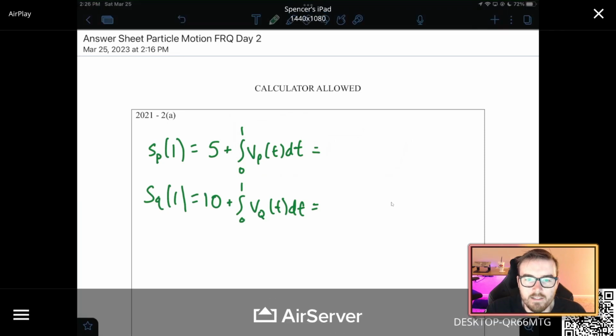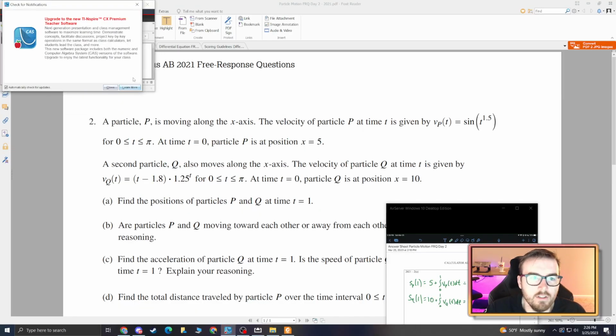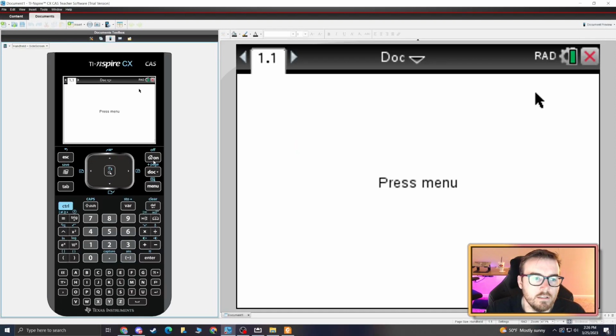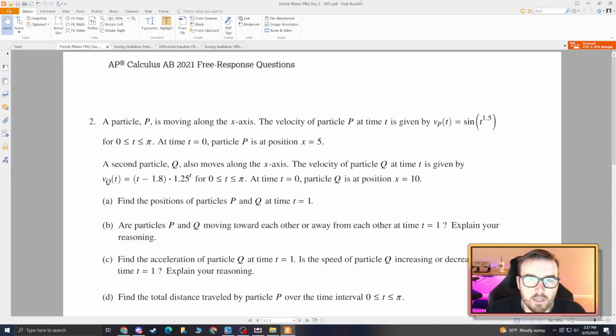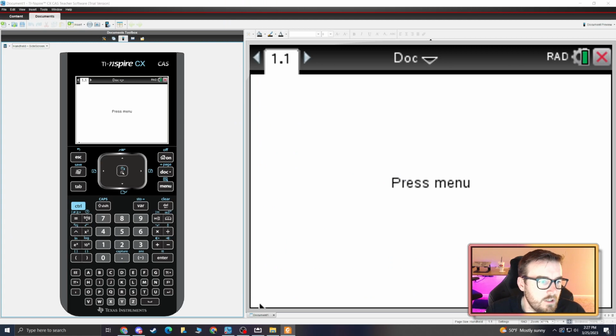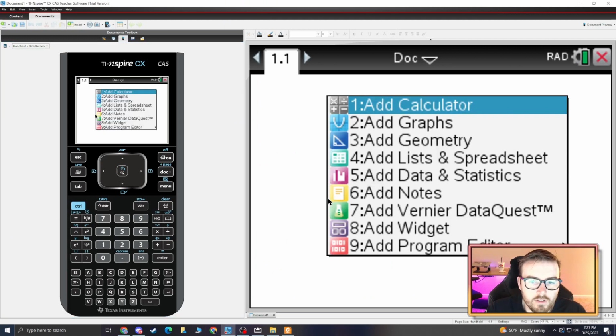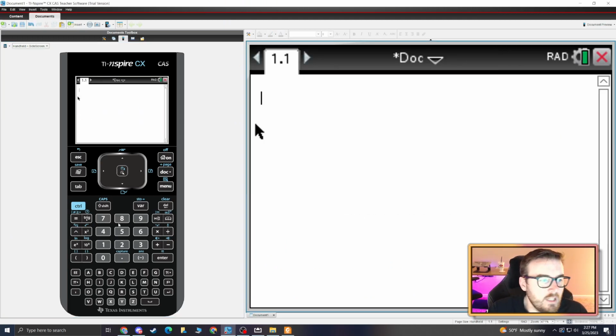So let's pull up the calculator. I'm not going to dual screen it up here. I'm just going to put it on my other monitor. I'm going to type in the velocity function. I'm going to save the velocity function for particle P as P of t, because I don't want to use V twice, of course.